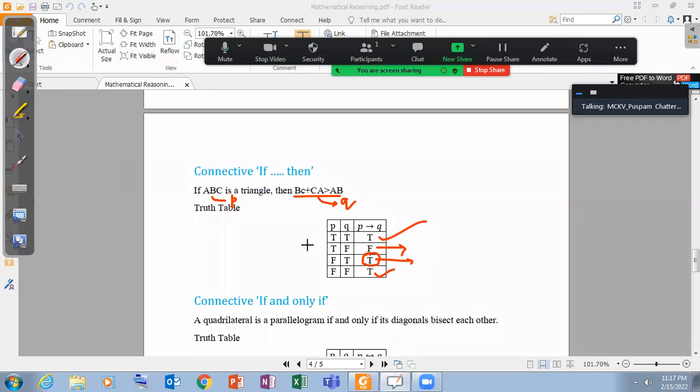We can remember it like this: there were two persons. The person who always tells the truth is telling the truth, fine, we are okay with that. If a person who was telling lies is now telling the truth, fine, very good, he's a very good boy.